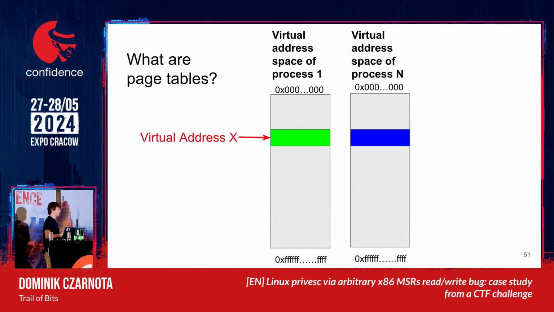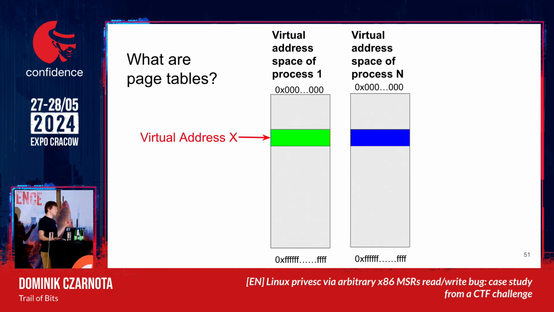So there is this thing called page tables. When you have two processes on Linux, or on Windows probably the same, when they access memory, like an address X, they are actually using virtual addresses. So they have some virtual address space from 0 to 0xFFFF.